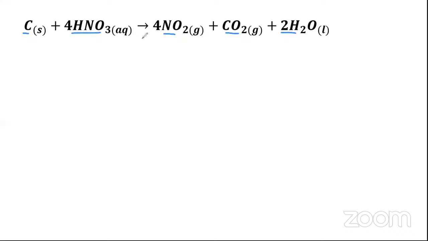So this is where the other definition comes in, that a reducing agent removes oxygen from another compound. So what happened is that carbon takes away the oxygen from nitric acid, and when it does that, it forms carbon dioxide.